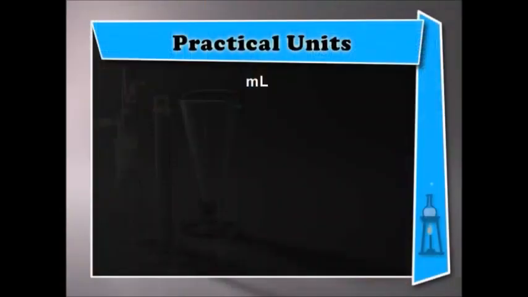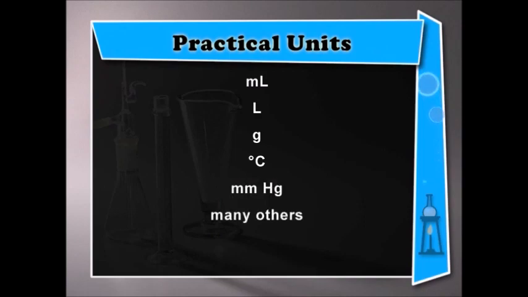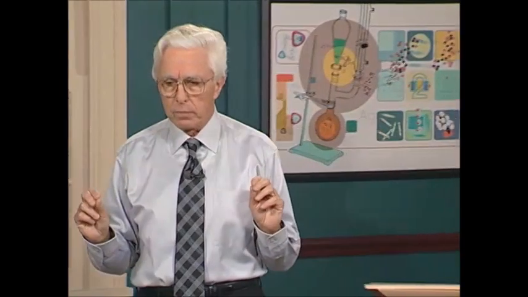Well, because of this difficulty, what I call the inconvenient size of some of the units, you will still see a lot of what might be called practical units being retained. Included among these are things like milliliter, liter, gram, degrees Celsius, even millimeter of mercury, and many others. The committee actually decreed that certain of these units could be retained for a limited amount of time.